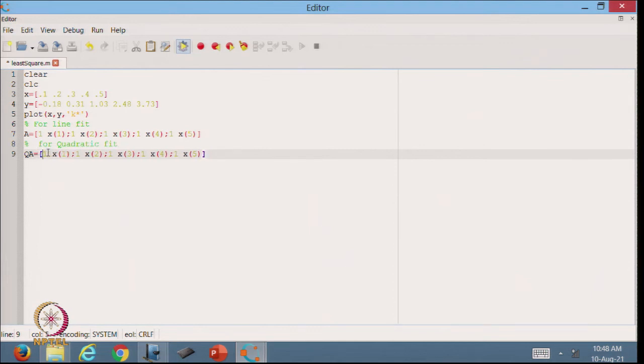Now, this is 1, x1, and I have to put here x1 squared. That is the only change I have to make: x2 squared, x3 squared, x4 squared and x5 squared.